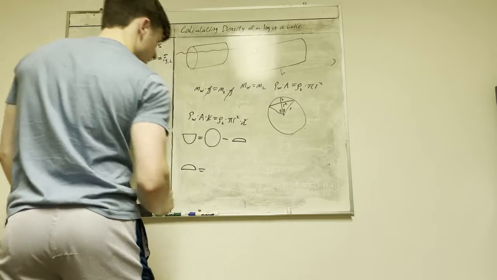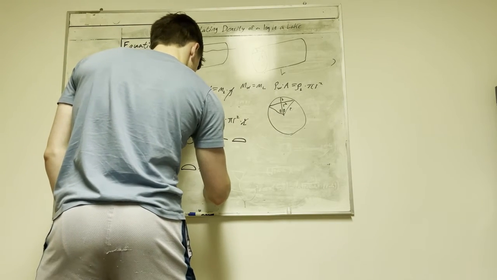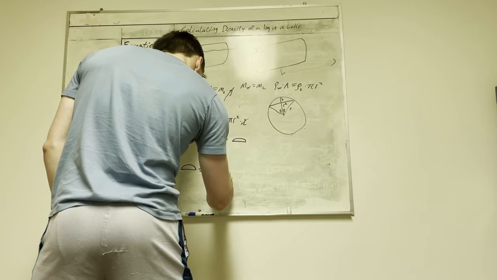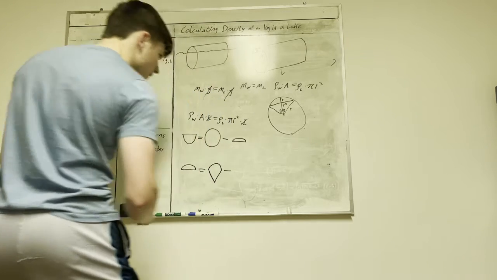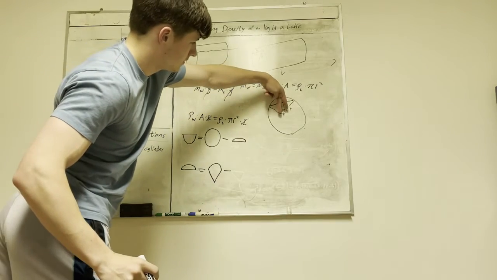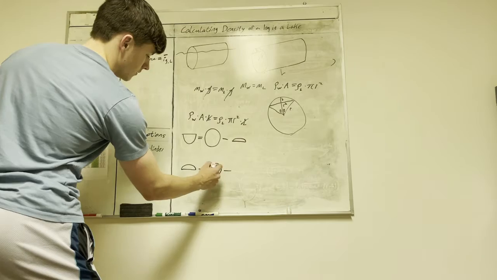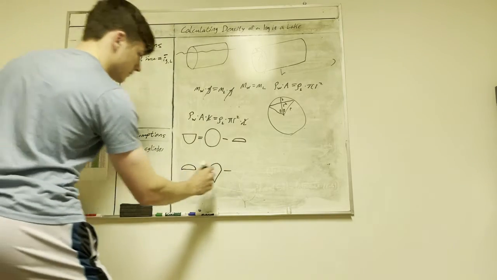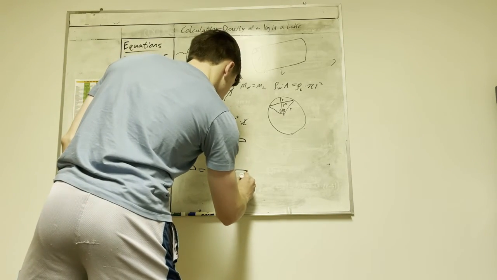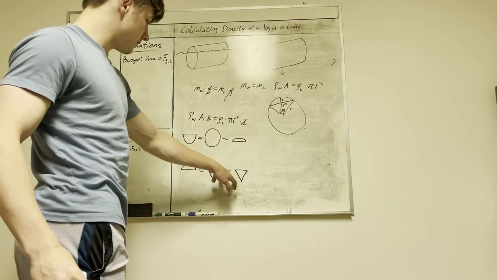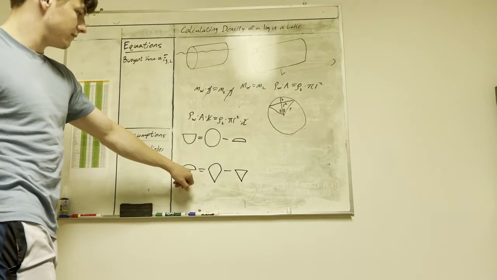That is equal to this. We're taking this sector and then subtracting the triangle so we can be left with that. So we're first going to do this to then solve for that.